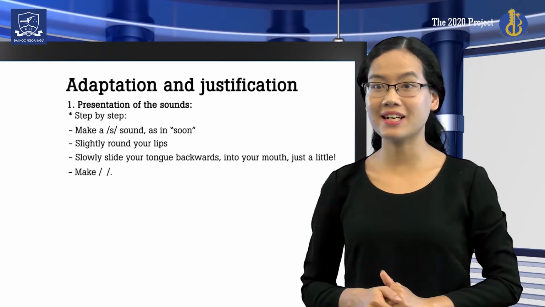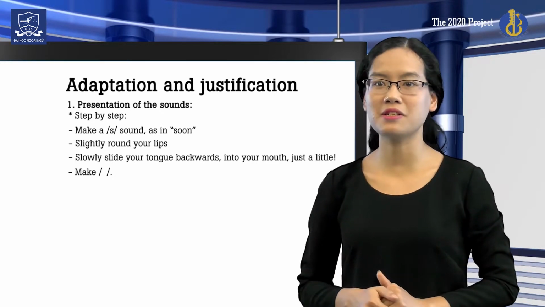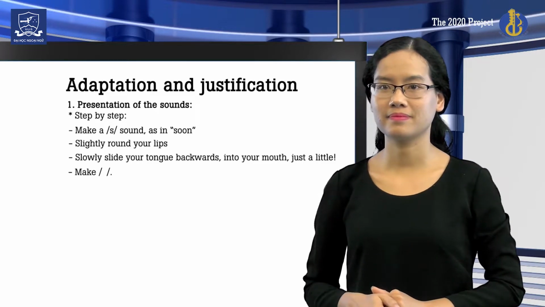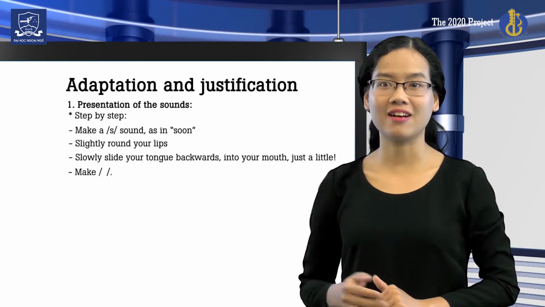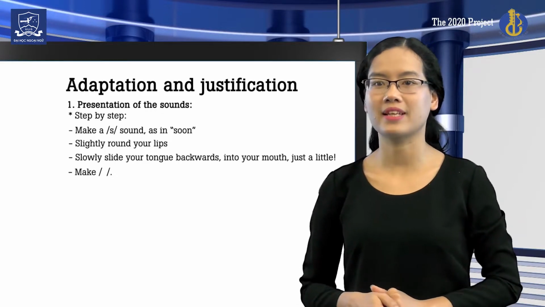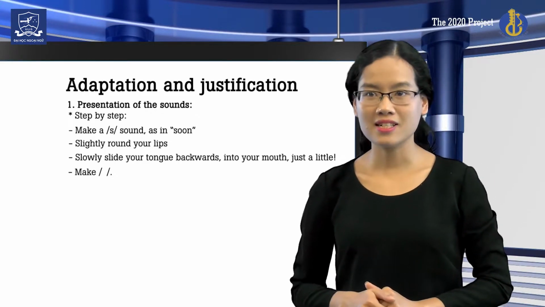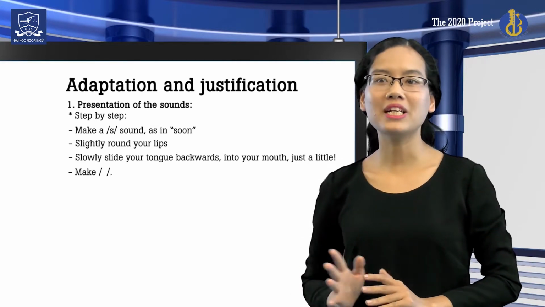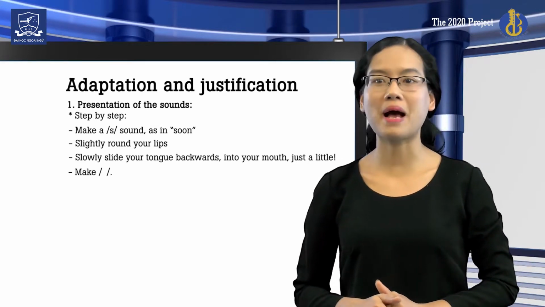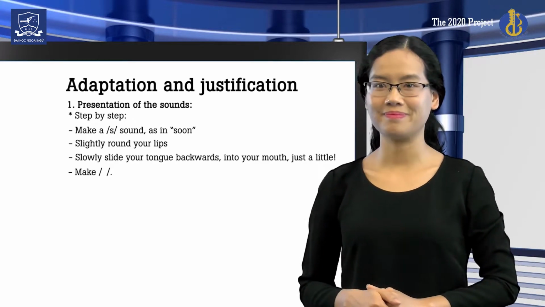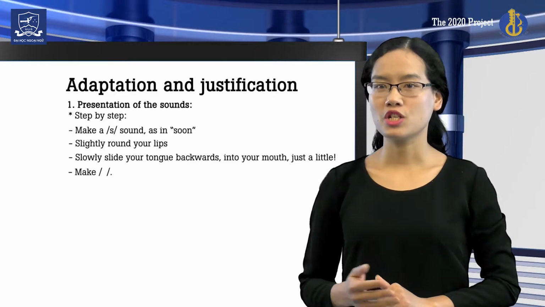The teacher can make this clear by instructing students step by step like this. Make a sound s first, as in soon, then slightly round your lips. Slowly slide your tongue backwards in your mouth, just a little, and make the sound sh.